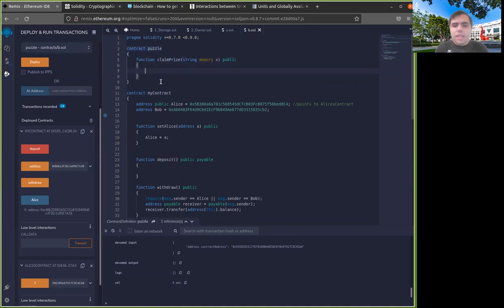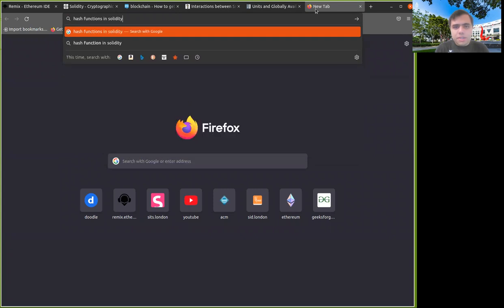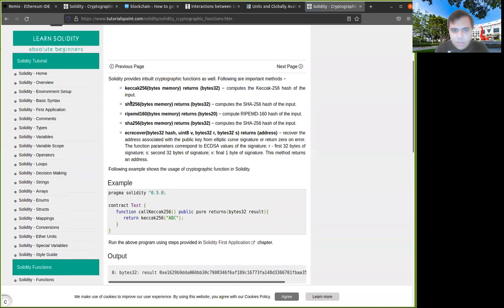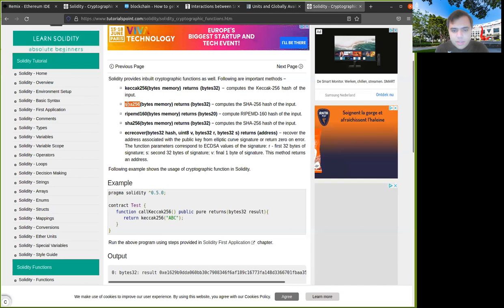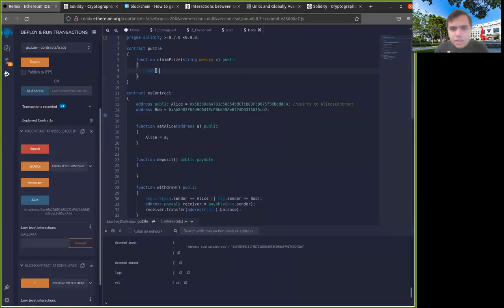And what I do is I take the hash of this string. You can just Google hash functions in Solidity. You have a bunch of different hash functions, for example SHA-256. So I can take this one and put it here, and take the SHA-256 hash of this X.